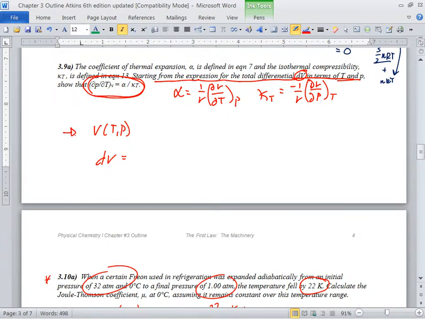So dv would be partial of v with respect to t, p constant, times dt, plus partial of v with respect to p, t constant, times dp.